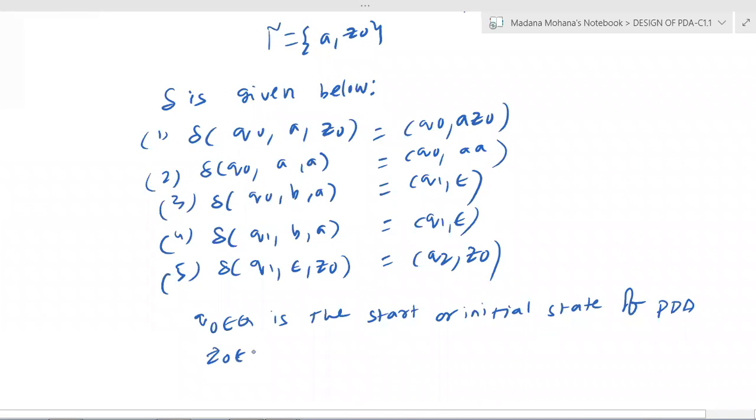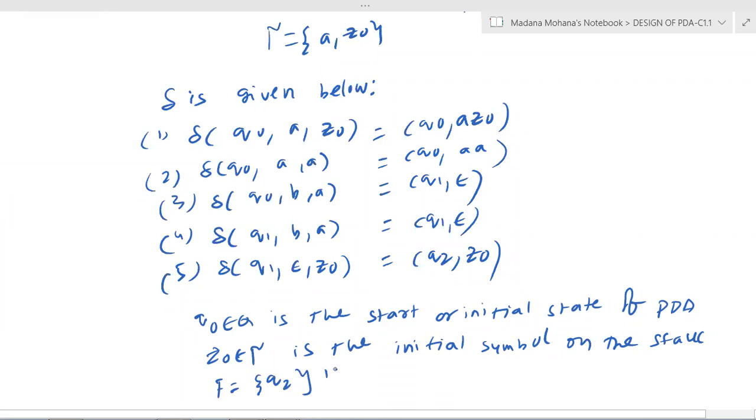Z naught belongs to tau, and is the initial symbol on the stack. And F equal to what is the final state here? Q2 is the final or accepting state. Like that, you have to write all these tuples.